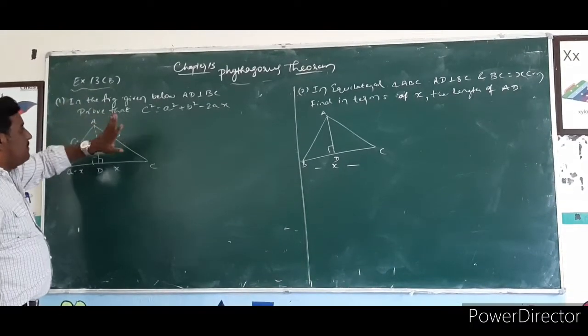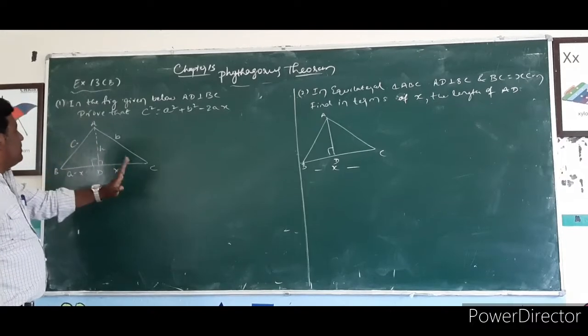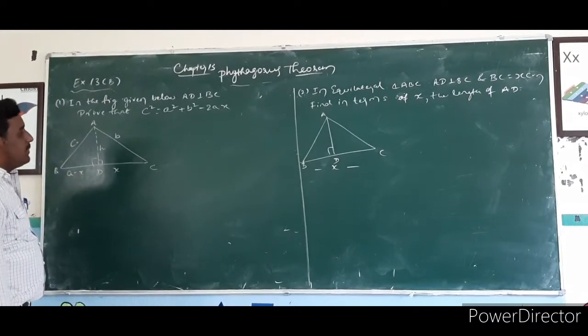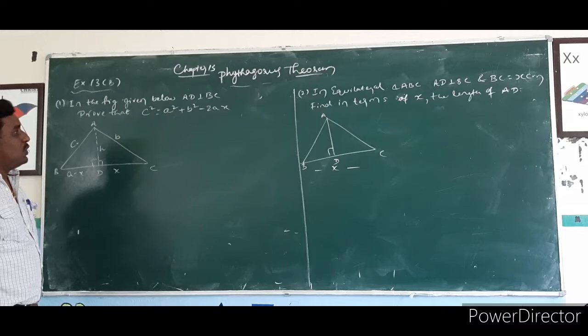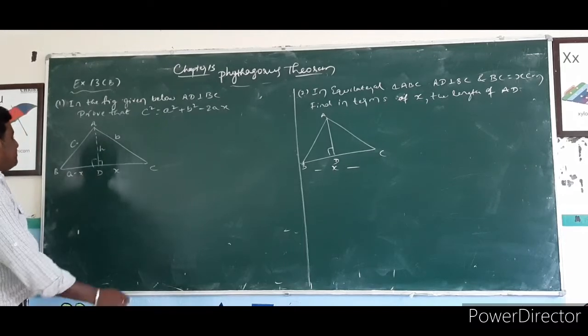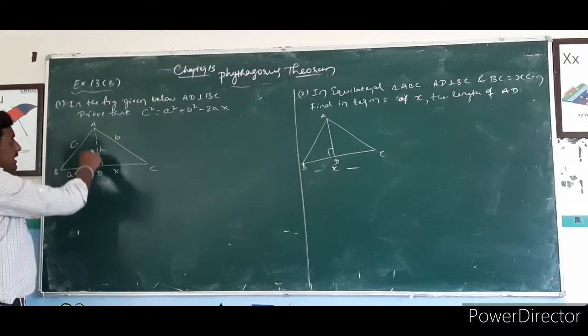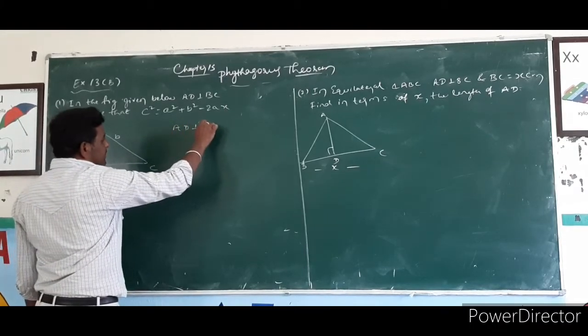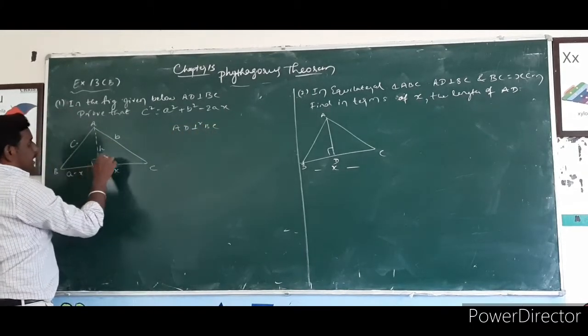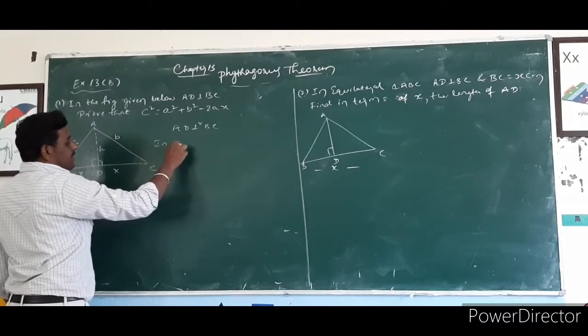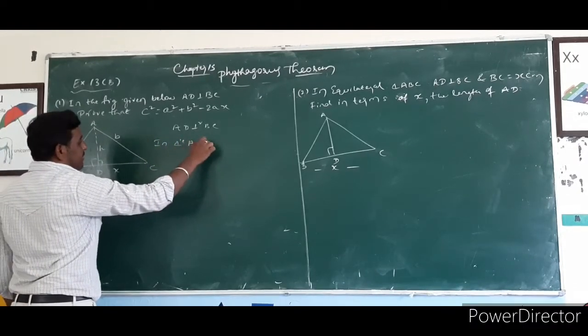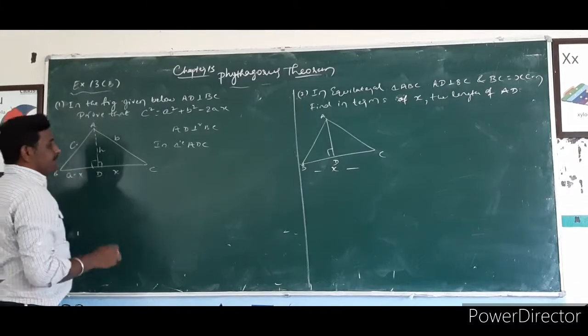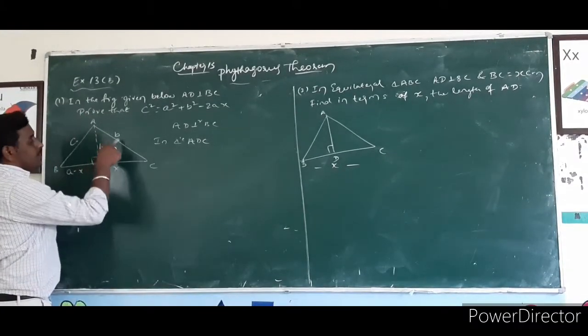In the figure given below, AD perpendicular to BC, prove that c square is equal to a square plus b square minus 2ax. Given AD perpendicular to BC means these two are right angle triangles. Consider triangle ADC and apply Pythagoras theorem.